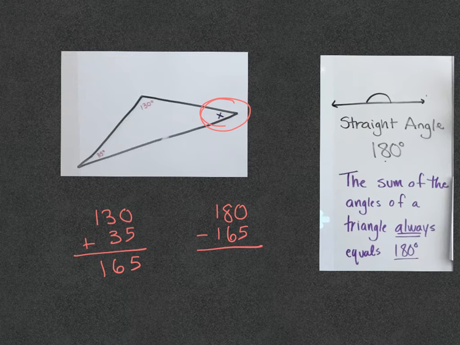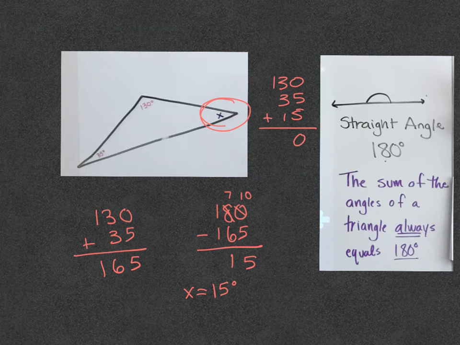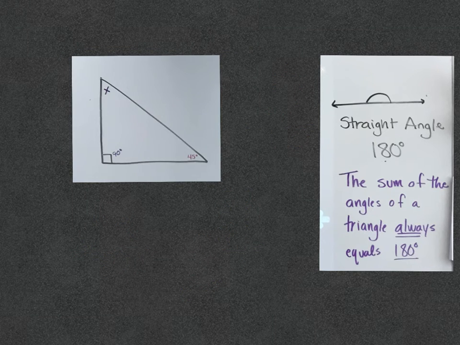So we're going to subtract this. We need to regroup. So this x here, x equals 15 degrees. That's how we get to our supplementary. Or if we want to check, we can do 130 plus 35 plus 15, and we get, lo and behold, 180.